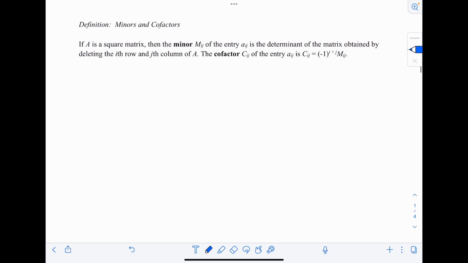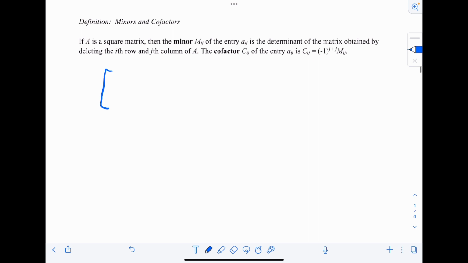Let's create a matrix here and actually talk about what this is all saying. So I'm going to use the very traditional setup here of just using A's with their subscripts as their locations. And let's talk about what is a minor and what is a cofactor. All right, so if, for example, I wanted to find the minor of entry 1,3.